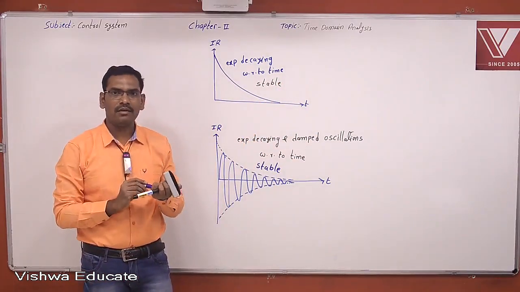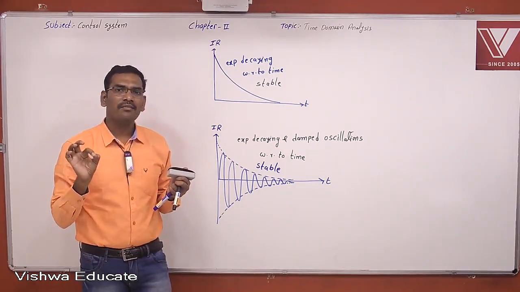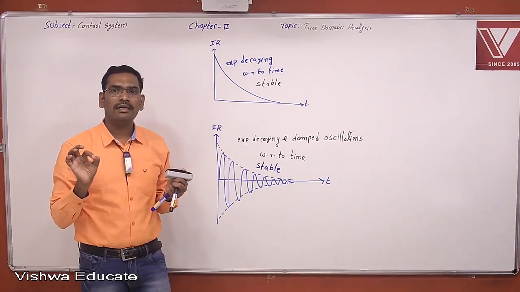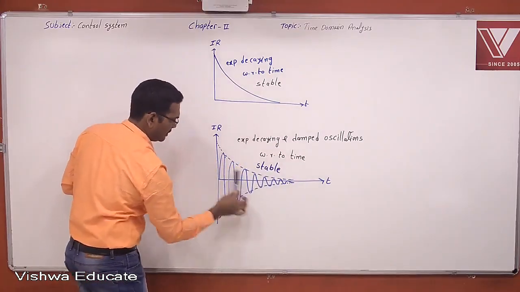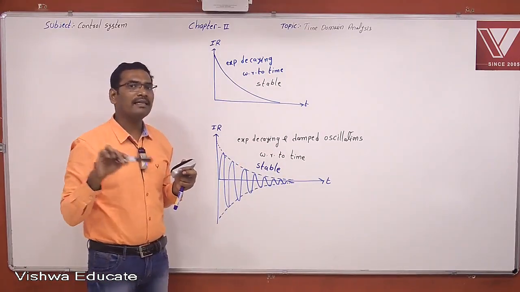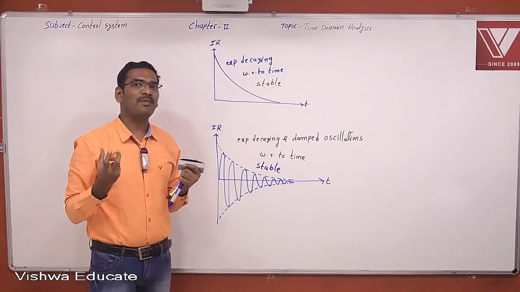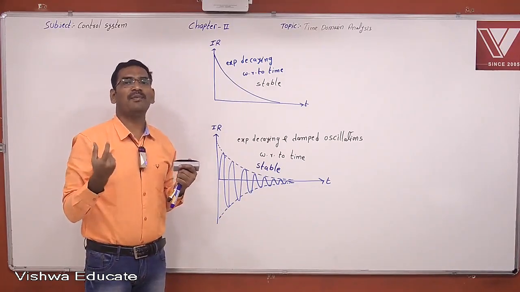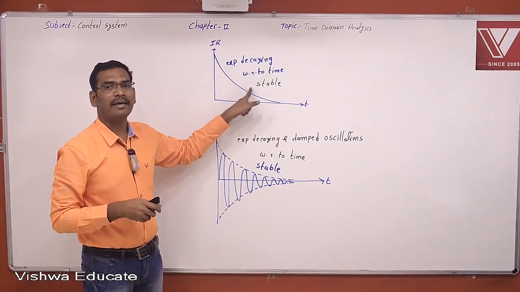Students, you understand or not? If you draw the response of any control system with respect to time, it is called the time response. Like this, this is a time response. Like this, this is a time response. After drawing the time response, judging its behavior and measuring and evaluating its performance with respect to time is called time domain analysis.